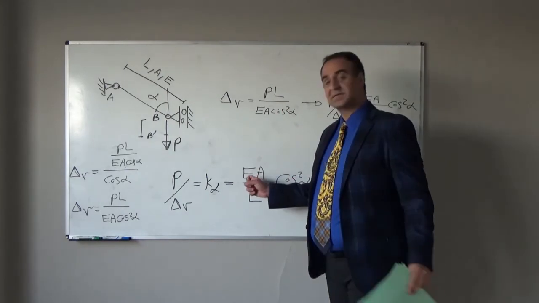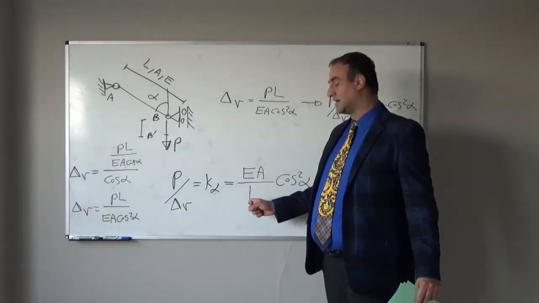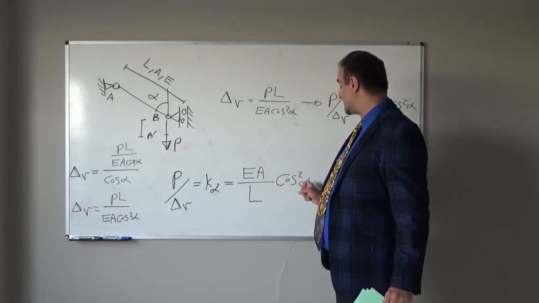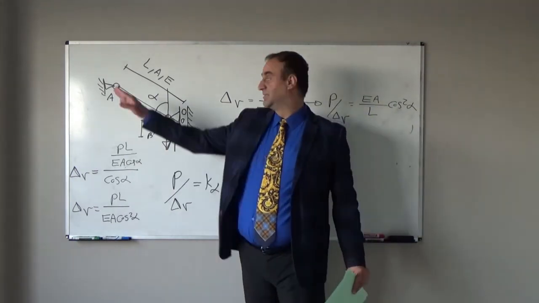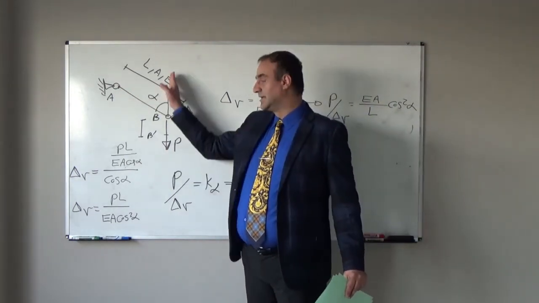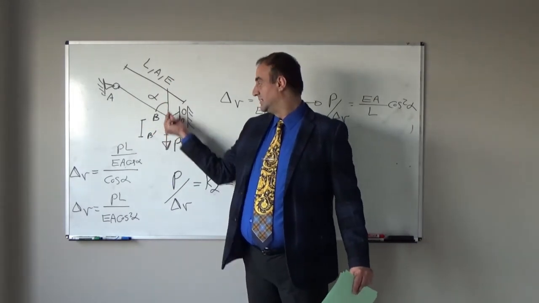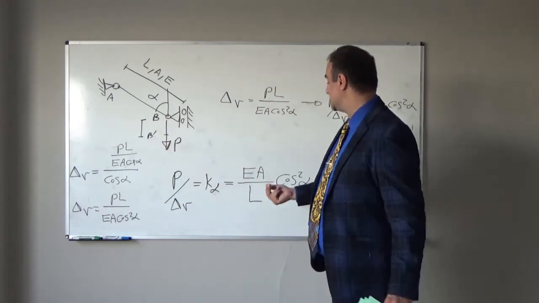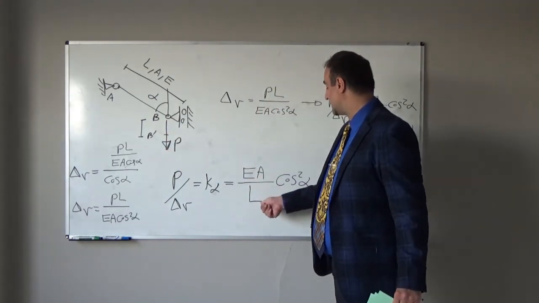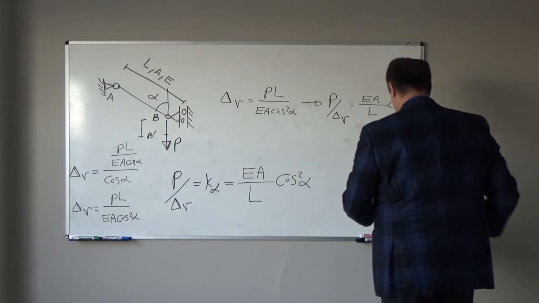E is Young modulus, A is cross-sectional area, L is length, and alpha is the angle between member and the line of action of the force. Stiffness of this member in the force direction is equal to EA over L cosine square alpha.